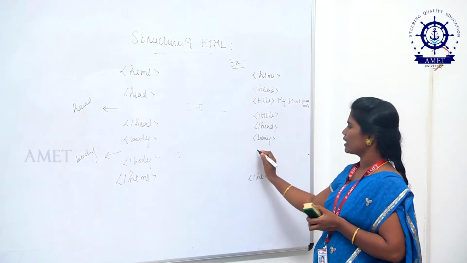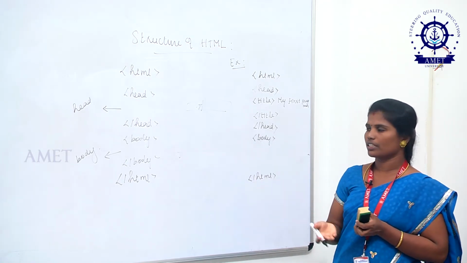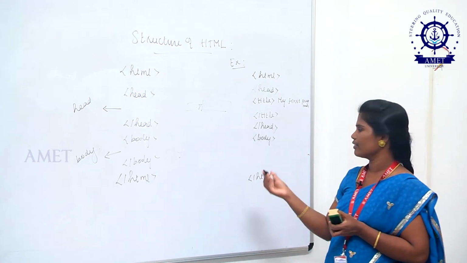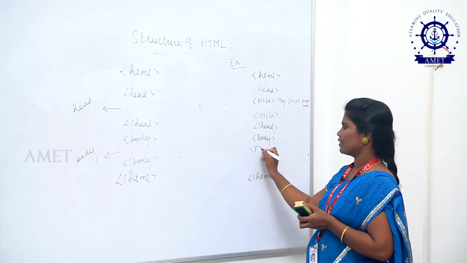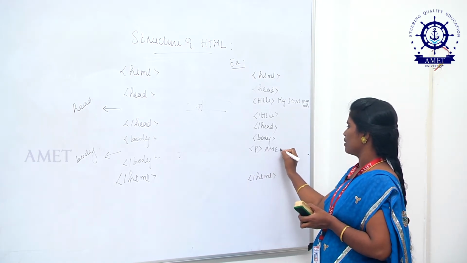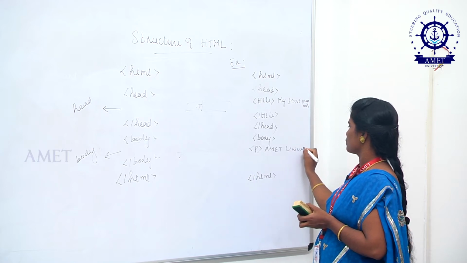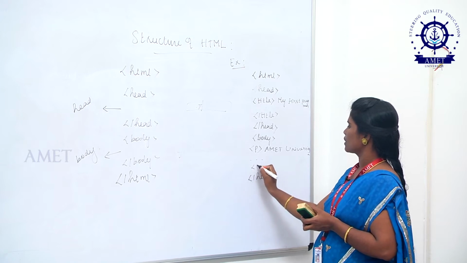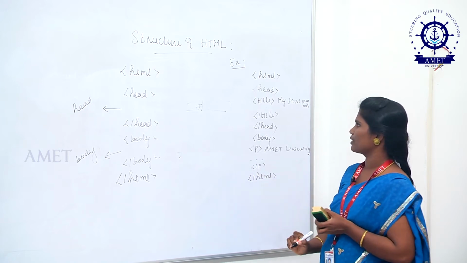Inside the body tag you can do your actual work, like you can display any paragraph using the paragraph tag. So just type a paragraph, and close this paragraph tag.